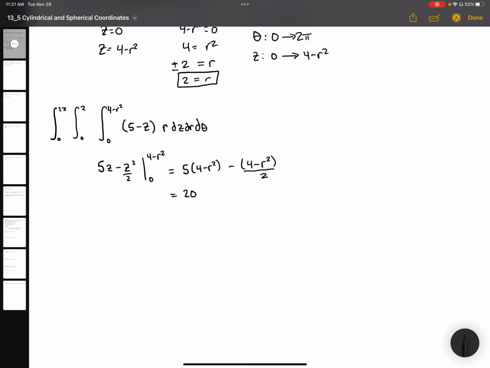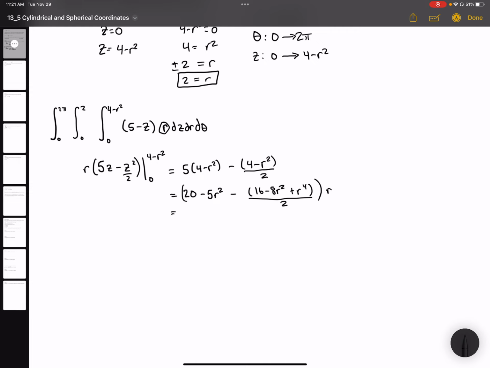So we're going to get 20 minus 5r squared, and then minus 16 minus 8r squared plus r to the 4th, all divided by 2. And don't forget, we still need to distribute our r, because it comes along. So say we multiply this entire expression by r.